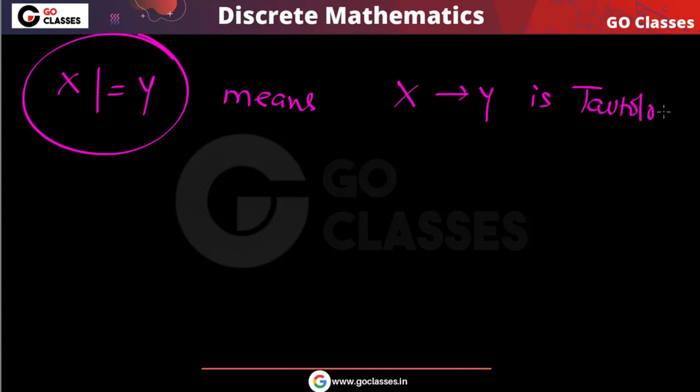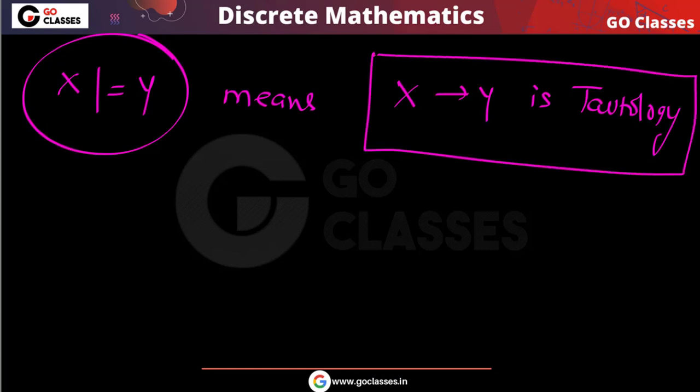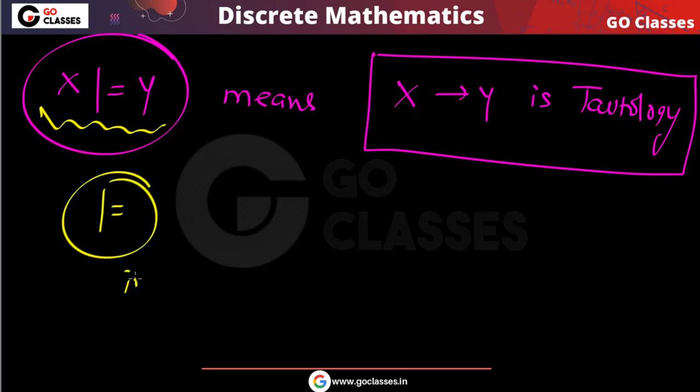That's it. You don't have to find it scary. It simply means that x infers y. This is the symbol of inference.